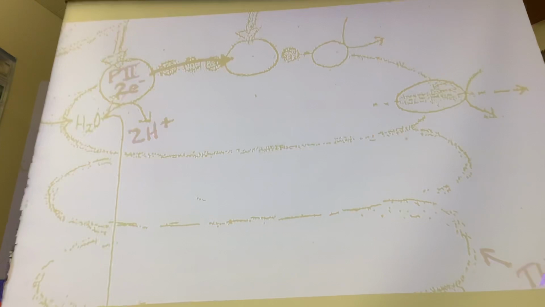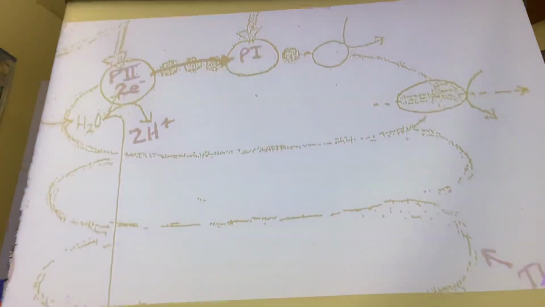Now, when the electrons move, they're going to go down the electron transport chain, right? So they're going to move down the electron transport chain to photosystem 1. Now, as they are moving down this electron transport chain, for each electron that moves through it, this central protein here is actually a proton pump, right?